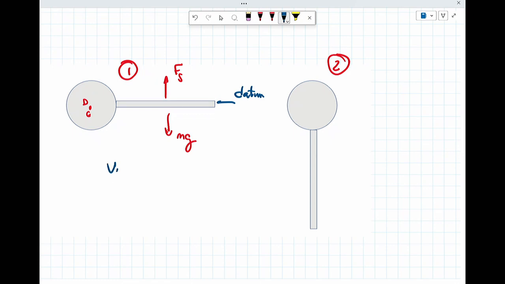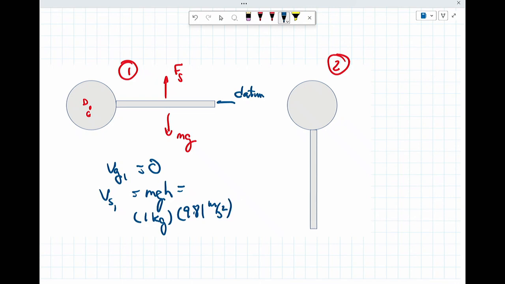So Vg1 is equal to 0. Vg1 is equal to mgh, and that's 1 kilogram, 9.81 meters per second squared, and 0. Oh, no. I want it over here.